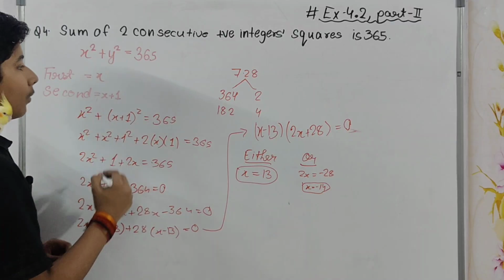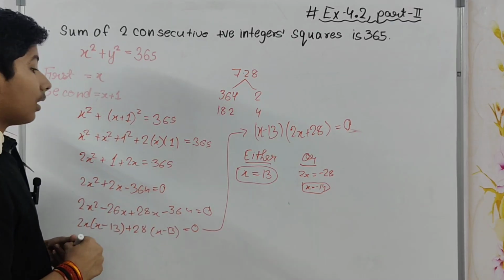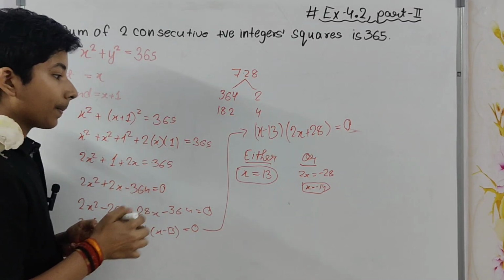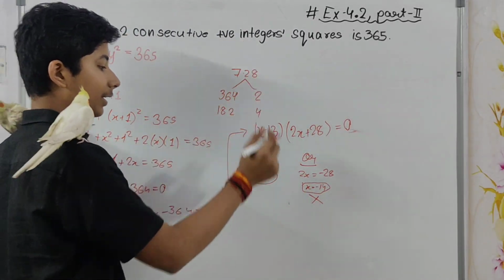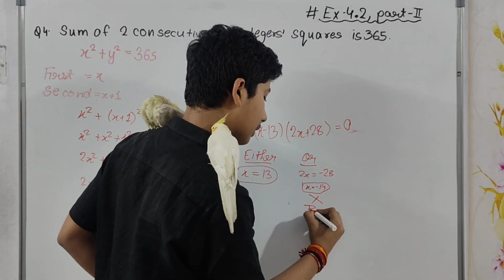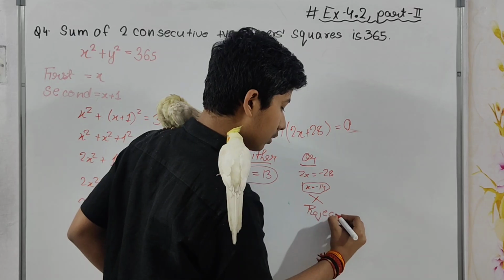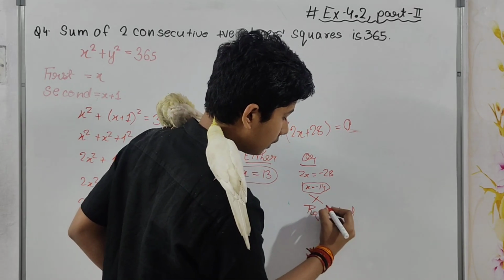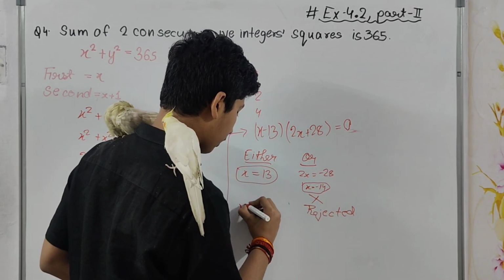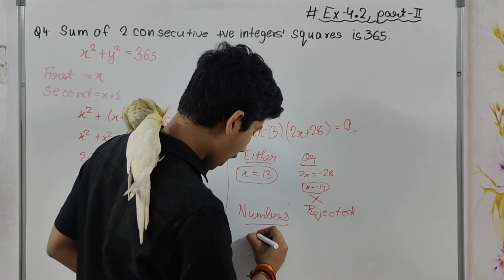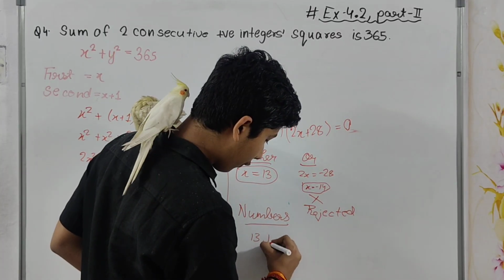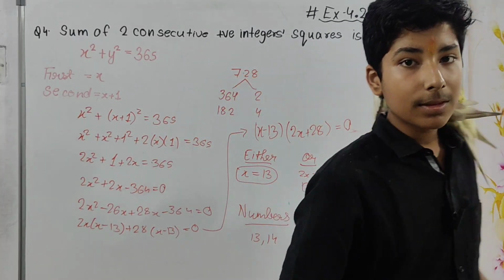It was given that the numbers were consecutive, and this one is rejected. Why? Because it was said that they are positive integers, so this is rejected. This is left. So the numbers are 13, 14. I hope this is clear.